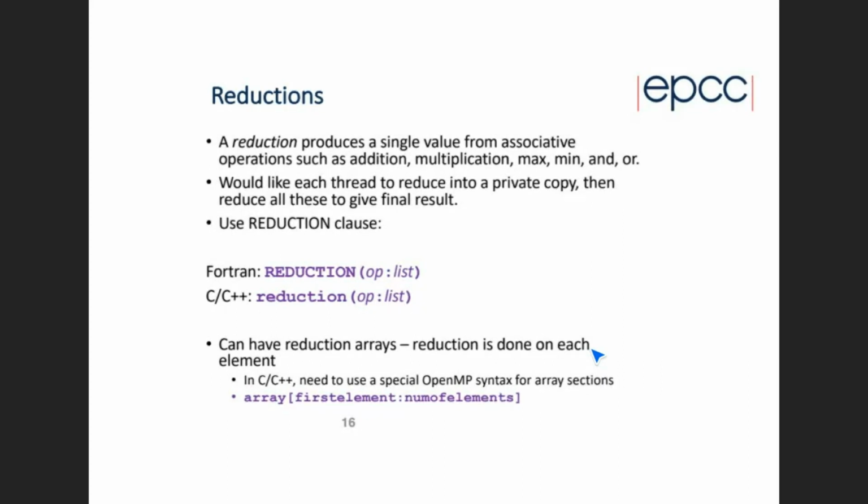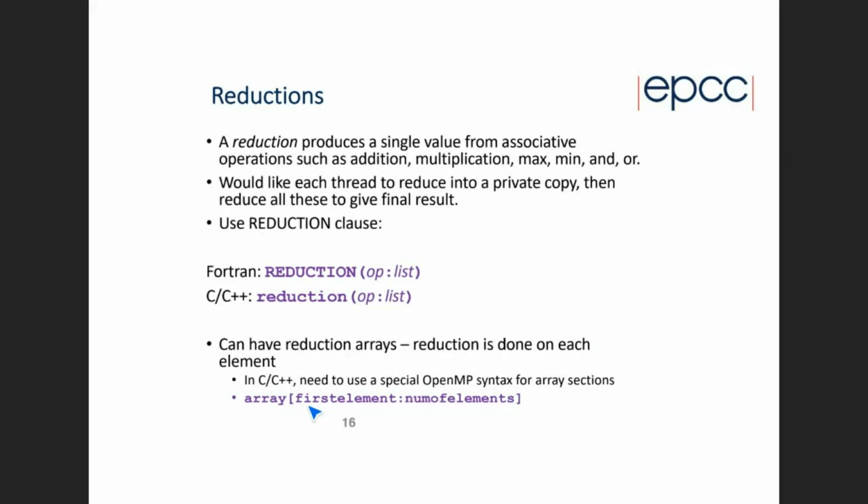This still works with dynamically allocated storage, if we have a pointer to some dynamically allocated storage, but we need to use this square bracket syntax to specify the starting element, the first element of the array, and also the number of elements it contains, the number of elements that the private copies will contain.